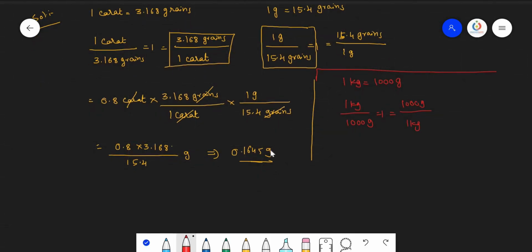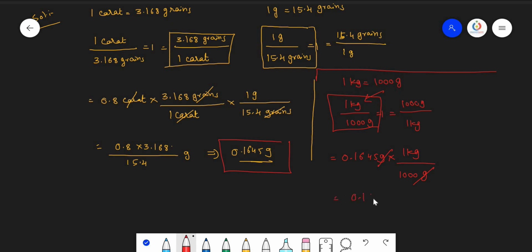Anyhow we have already converted this 0.8 grams into carats, initially in grams, no? So directly take this value, 0.1645 grams, into this factor. We pick this one because we want the answer in kg: 1 kg divided by 1000 grams. Grams cancel out.